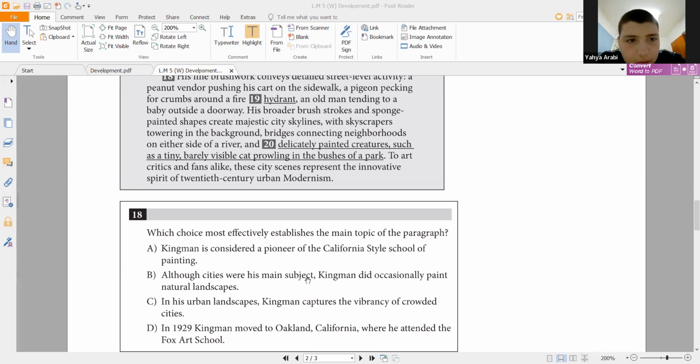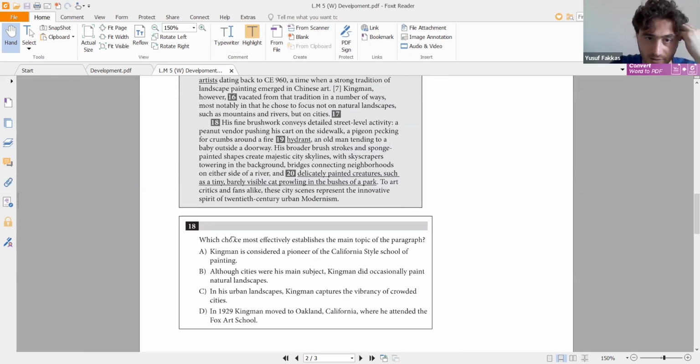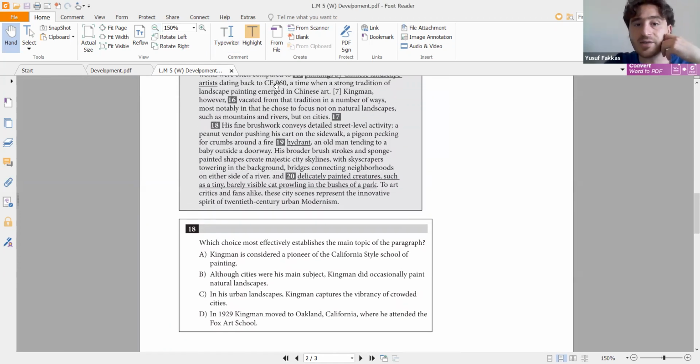Can I scroll up a bit? Scroll where? I'm going to zoom out so that you can see the whole thing. But where are your answers, guys? I cannot see the answers. Only one person sent me the answers so far. I don't know if you are still thinking about it or you're not thinking about it.